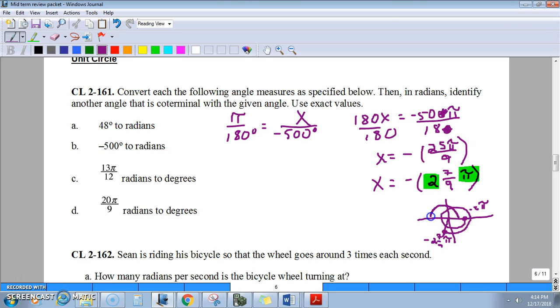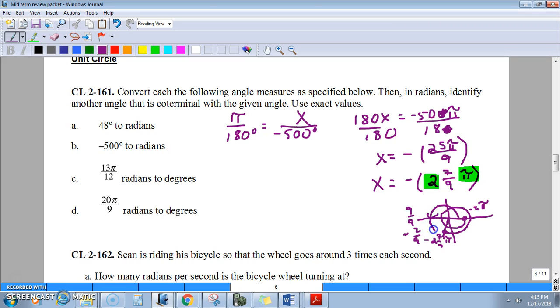So this would be 9/9 pi, which is a whole pi, and then I would need to go 2 more ninths to get to that negative 2 7/9.